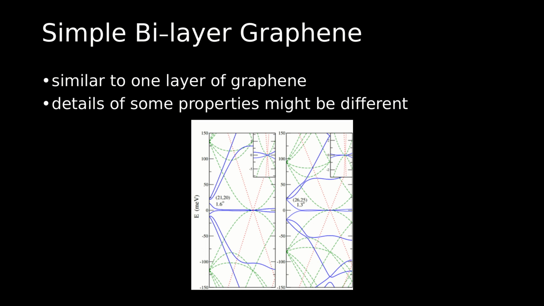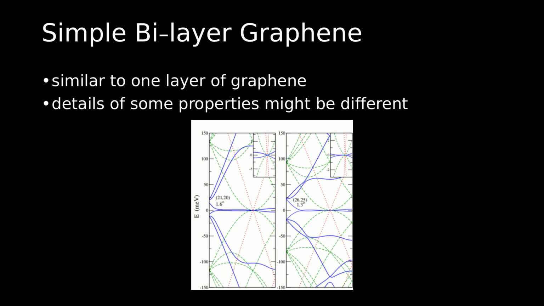For the simple bilayer graphenes, they have similar properties to one layer of graphene, but the details of the properties might be different. For example, look at the graphs for the electron energy levels shown here.